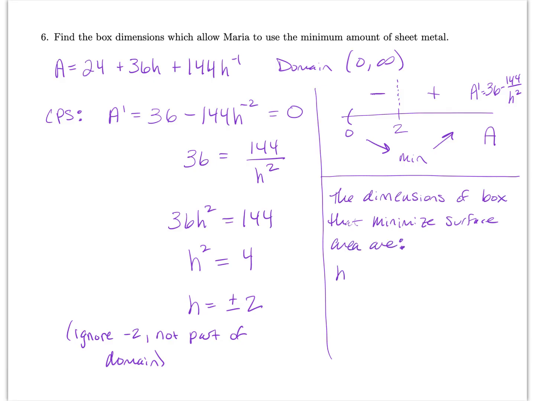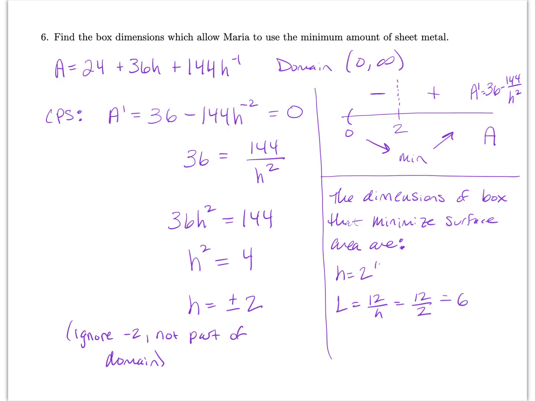That's what we just discovered. H was our variable here, and it equaled 2. And then L we can calculate because L was 12 over H. We can go back a slide. L was equal to 12 over H. So that's 12 over 2, which is 6.